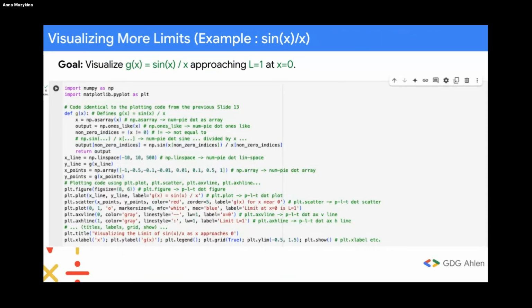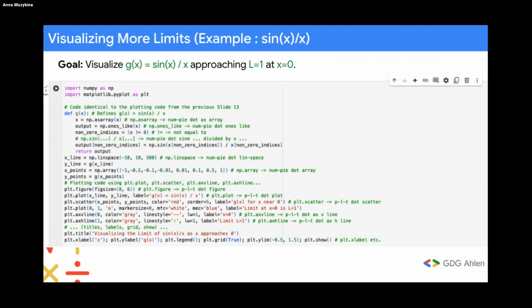Now let's visualize the limit as x approaches 0 of sine x over x, expecting L equals 1. This code defines g of x equals sine x over x using numpy as an array and handling the x not equal to 0 case.